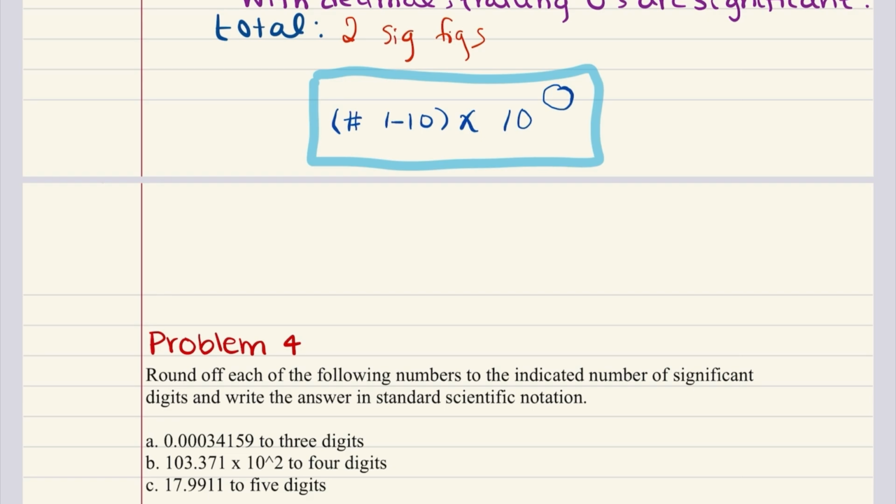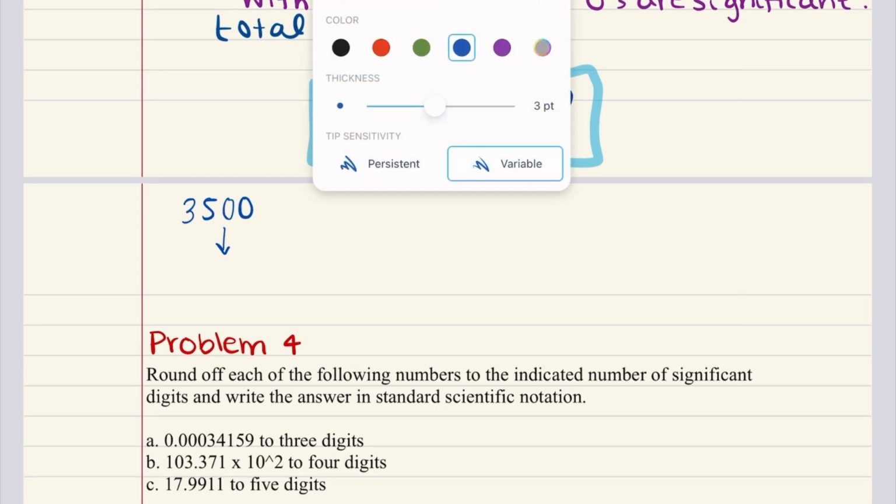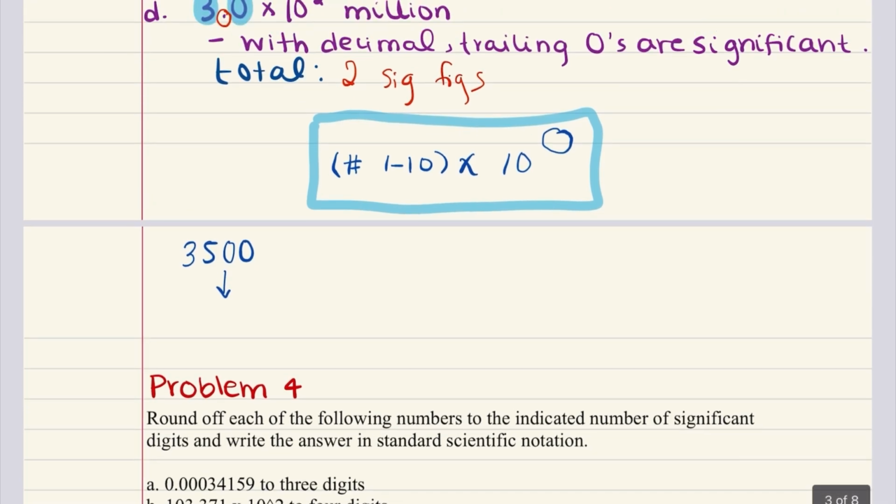Okay, so for example, what if we have this number 3,500? First thing we want to do is rewrite it as a decimal number. So where can we put the decimal so that we can have a number that's anywhere between 1 and 10? If we put the decimal point between the 3 and 5, we now have a number that's 3.5.